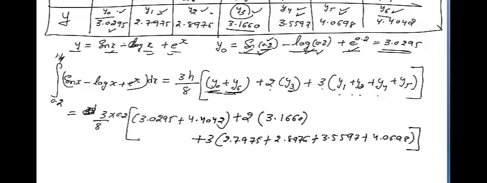Okay, so we have substituted all the values, and if you take the help of a calculator, you can solve this. I am getting this value as 4.053. So this is the value of this integration.